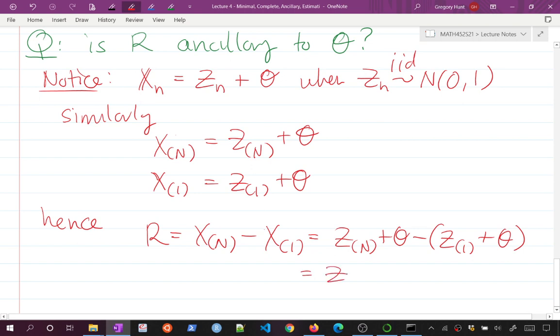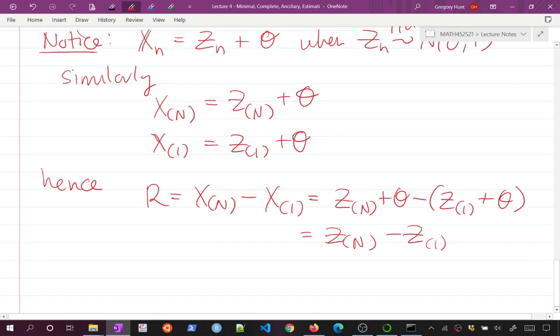And of course my thetas cancel out, so I get that the range of my X's can actually be written as the range of the Z's, as the maximum of the Z's minus the minimum of the Z's. And why is this important? My Z's, remember, are normal 0, 1. So they don't depend on theta.